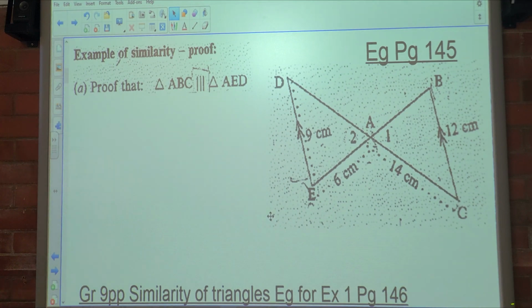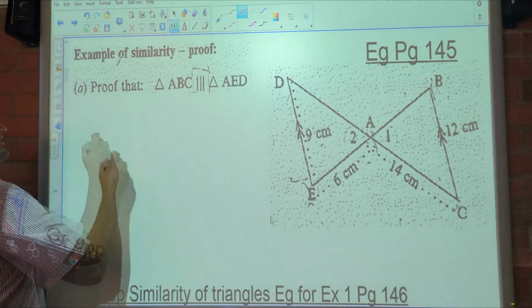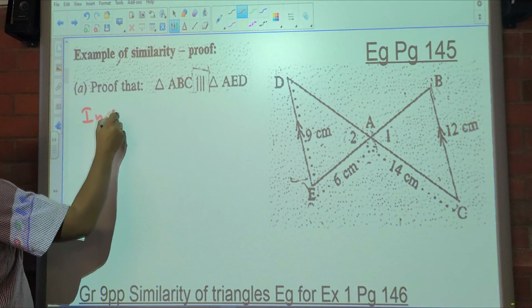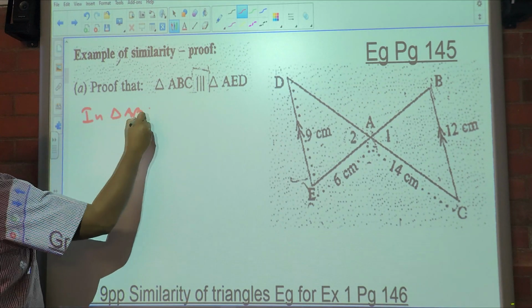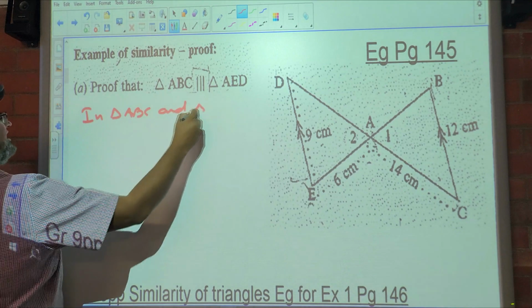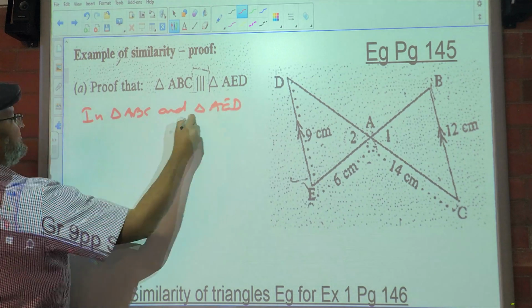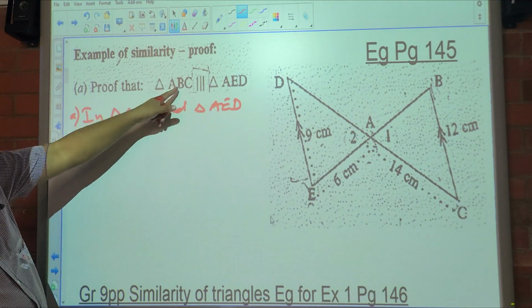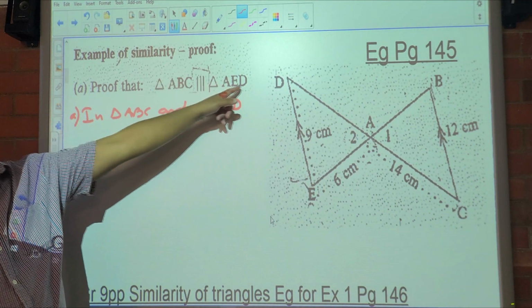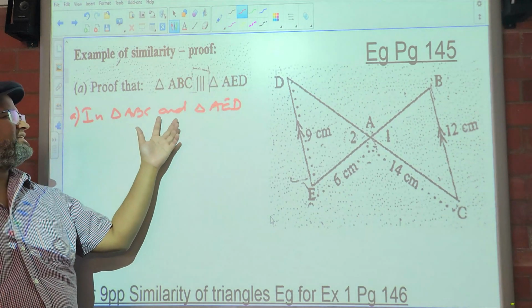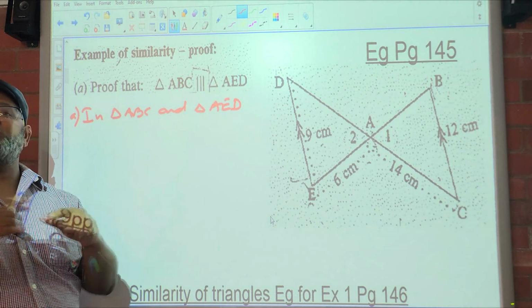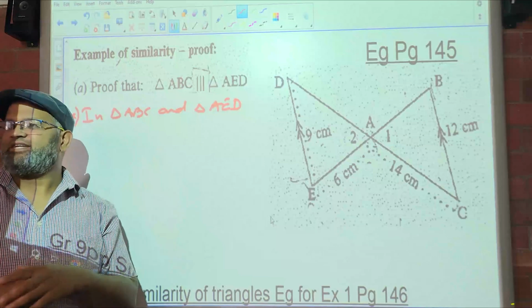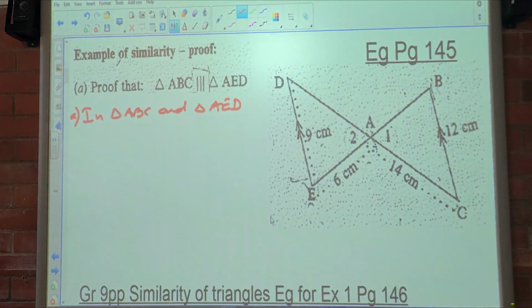So what do we say? In triangle ABC and triangle AED. Note that I didn't say triangle ABC is similar to triangle AED. Why do you think I didn't say it's similar? Because we must prove that that is the case.